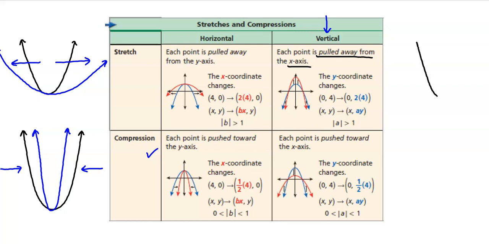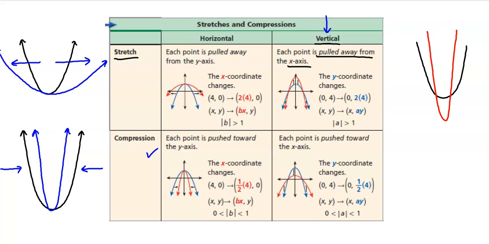Well, if I'm going to do a vertical stretch, that means I'm going to pull it away from the x-axis. So every point's going to get yanked away, and it's going to look something like this. It's going to get skinnier. And it'll be easier to see once we have some actual numbers on here.